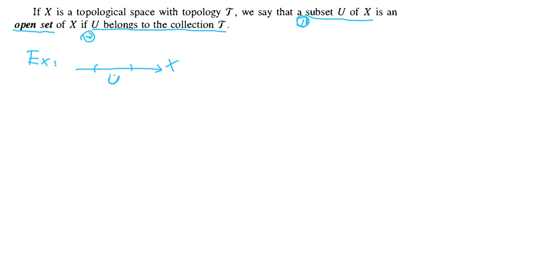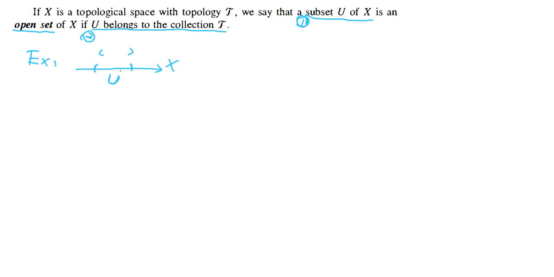Okay. So in order for this U to be an open set inside this line X, first, U should be a subset of X. So U should be on this line X, it cannot be here or in another place.